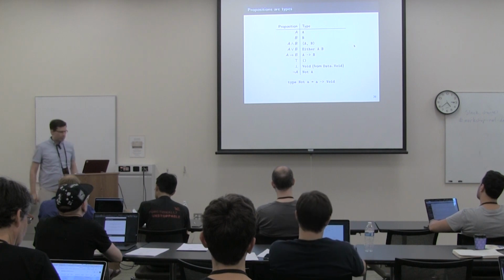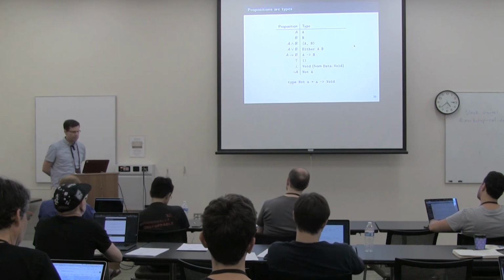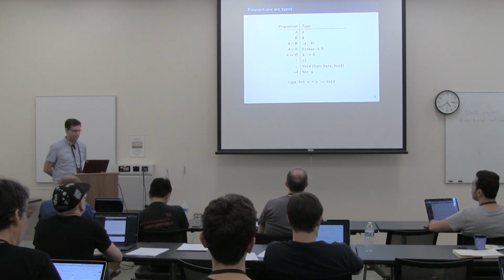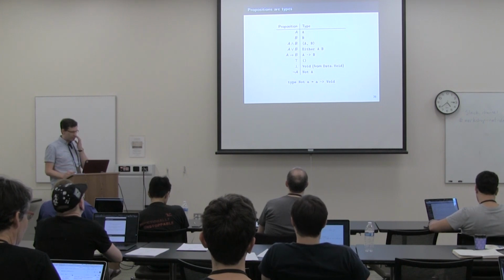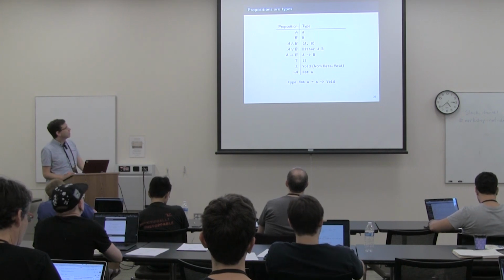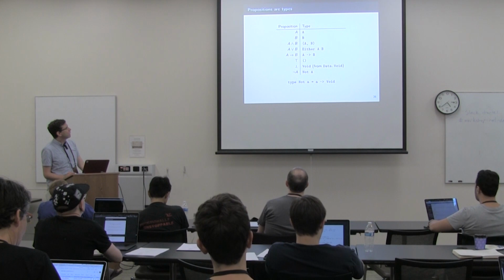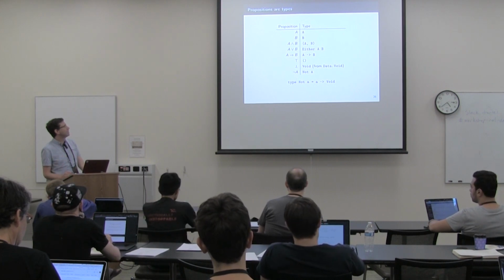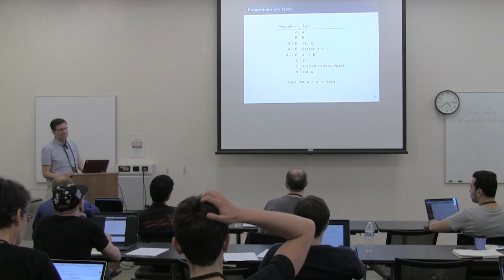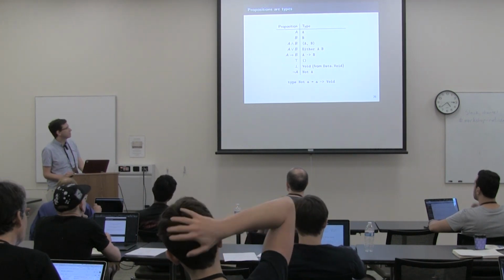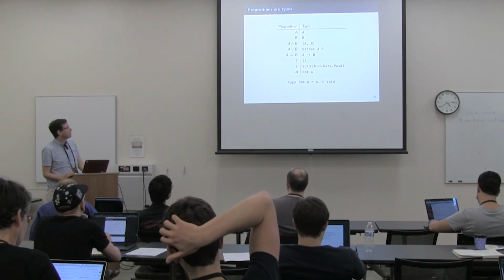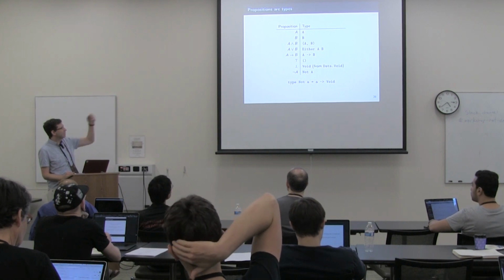So here's a comparison. This is the propositions-are-types comparison. If we have a proposition A, we can come up with a type and call it A, a type or a type alias. Same with B. The interesting bit is when we have these logical operators.